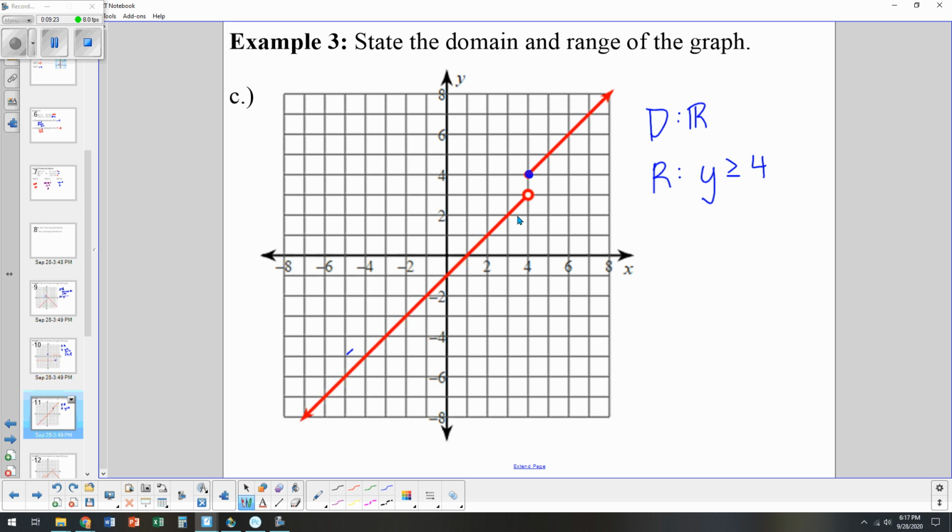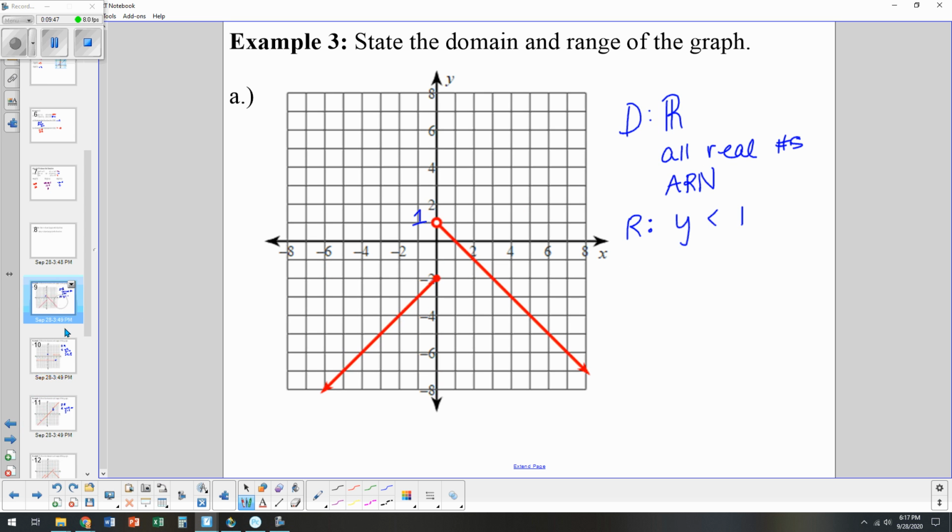And my second line is everything underneath this 3. It's not including the 3 because there's an open circle, but it's everything else under the 3. So my range is actually both of these. All right. This will not happen very often. We're usually going to have pictures that look like this if I'm asking you specifically for the domain and range.